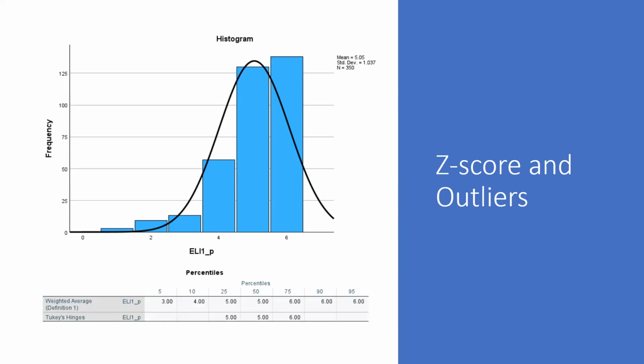Okay, so I want to spend just a few more minutes on this z-score and outliers. So still focusing on the first variable ELI1P. I wanted to show you, if we use a histogram to look at the bell curve, we can see that there's a bell curve there. You can see here that the mean is 5.05, the standard deviation is 1.037.